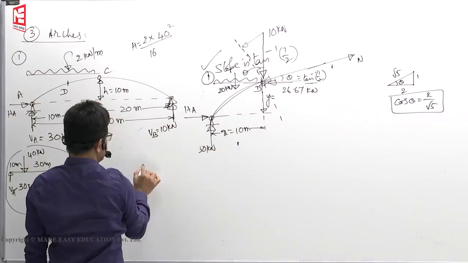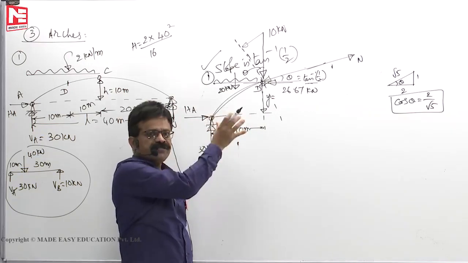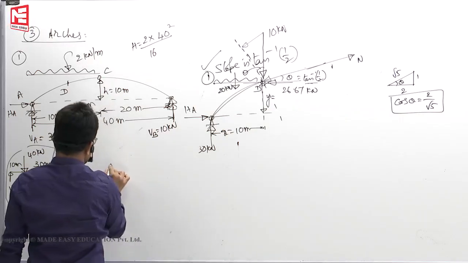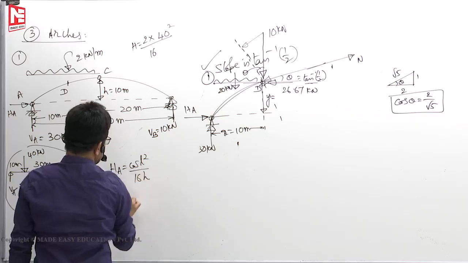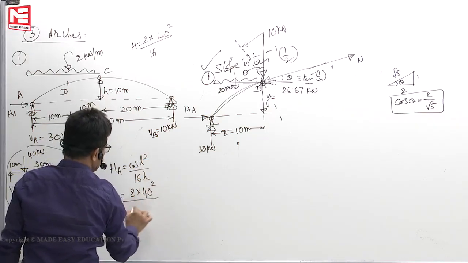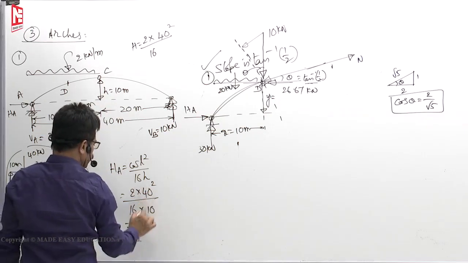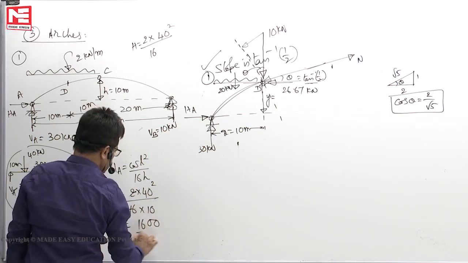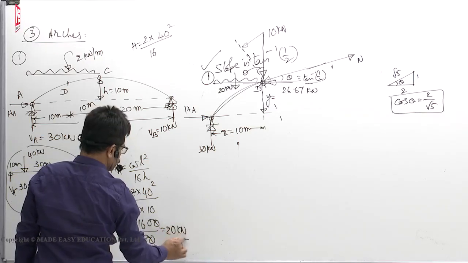Now horizontal thrust: if full UDL is there, it is WL square by 8H. Half load is there, so WL square by 16H. So horizontal thrust HA is WL square by 16H. W is 2, length is 40, height is 10. So you will get 1600 by 80, which cancels out to around 20.